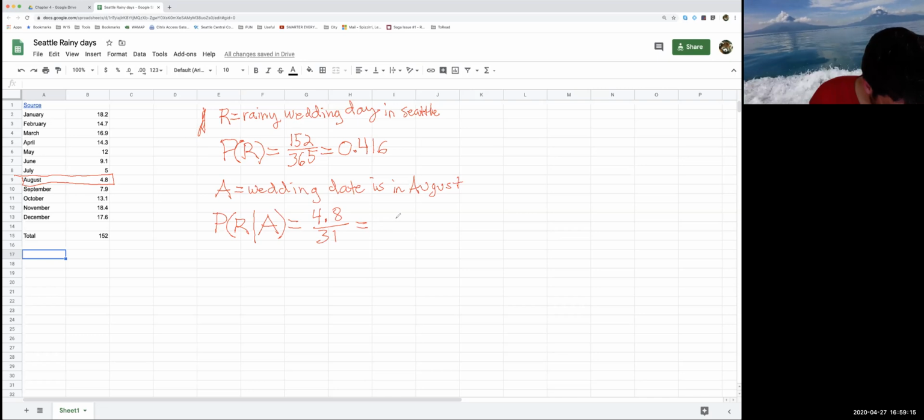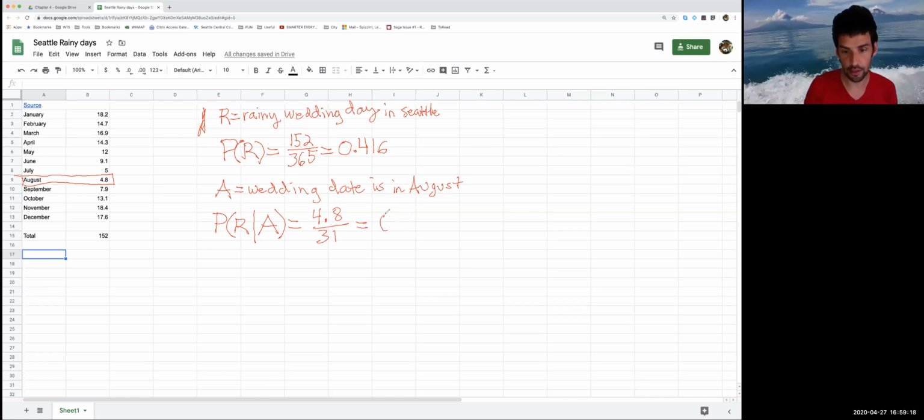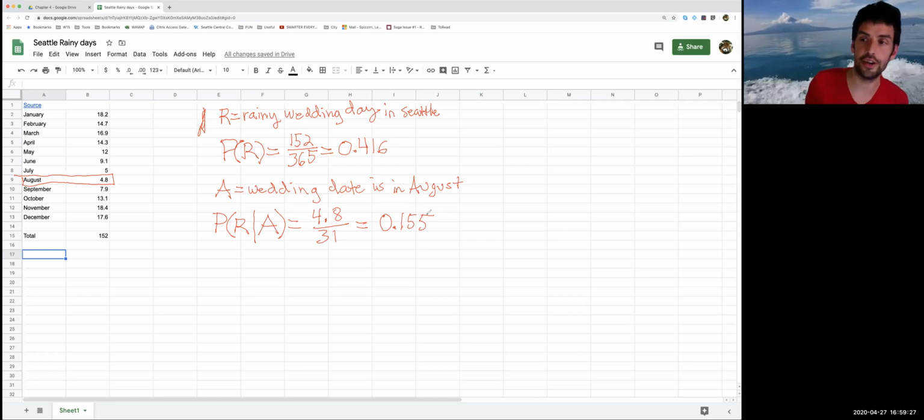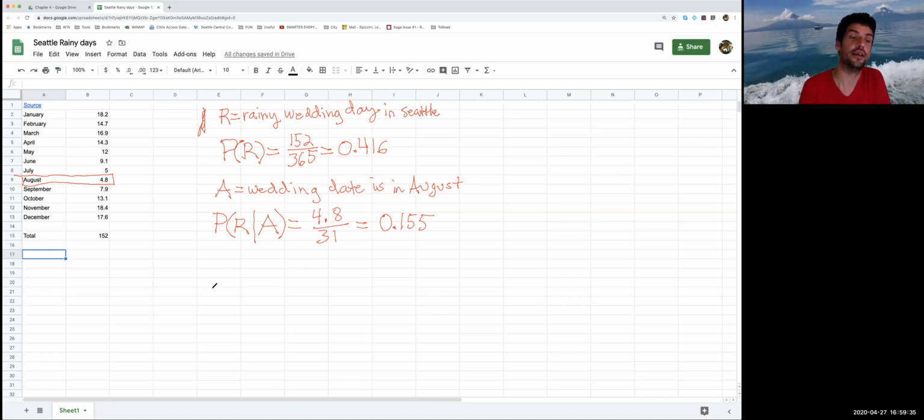And I just worked that out and I get 0.155, right? So now all of a sudden your odds are a lot better, right? Instead of a 42% chance of rain, there's only a 15% chance, or 15.5% chance of rain, right? So that extra information, knowing when the wedding date was, changed the situation for us, okay? And like all conditional probabilities, it reduced the sample space, okay?